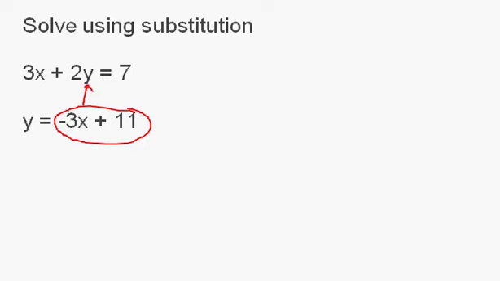Wherever you see a y, we're going to put negative 3x plus 11. The trick is you have to make sure that you write the equation exactly how it looks. We have 3x plus 2, now we're going to substitute in the negative 3x plus 11 equals 7. From this point on we have to distribute.